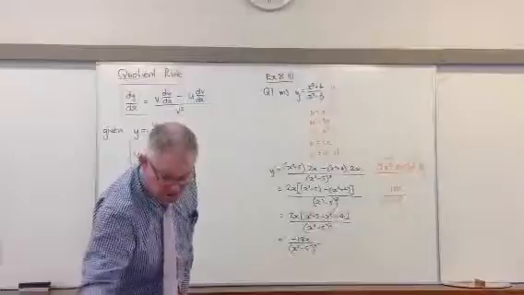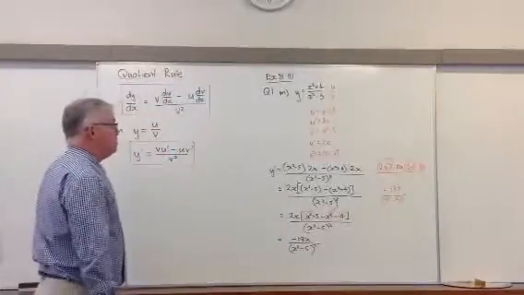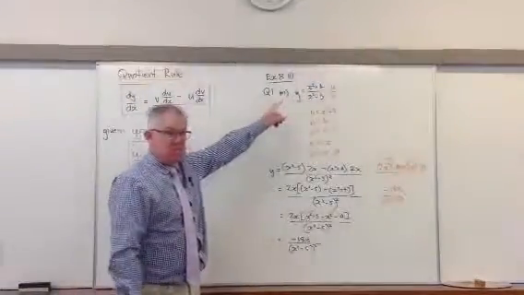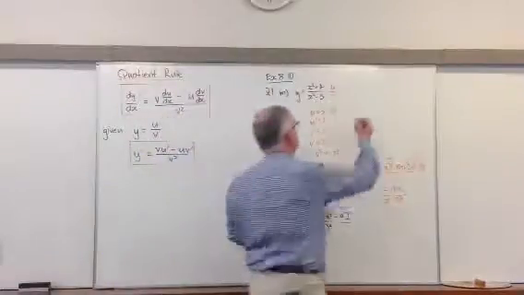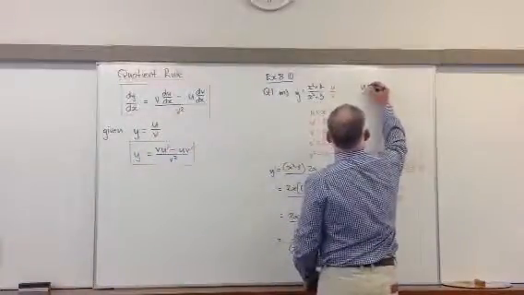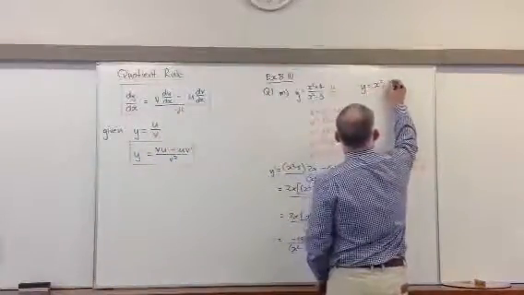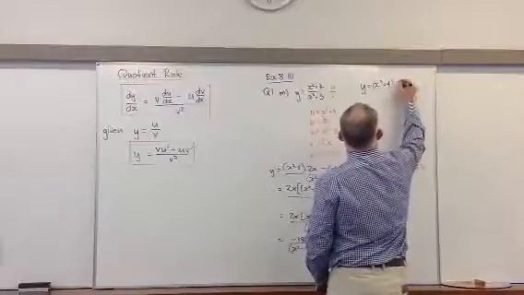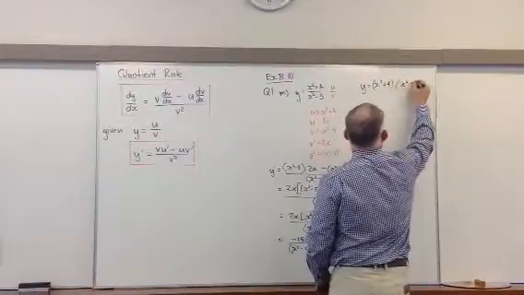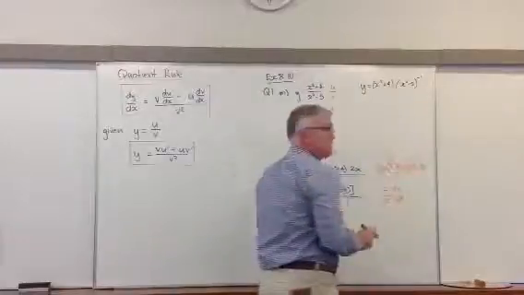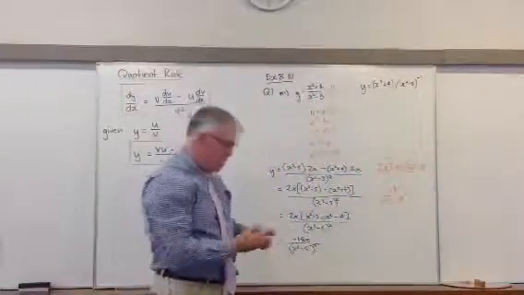What I'd like to do also is just show that we could have done this by using the product rule. I could have written this as x squared plus 4 times x squared minus 5 to the power of minus 1. You okay with that?